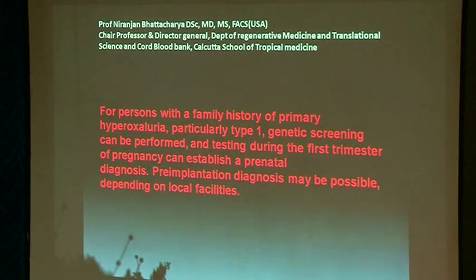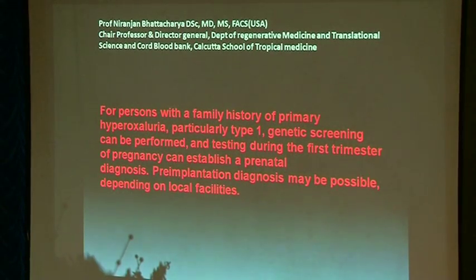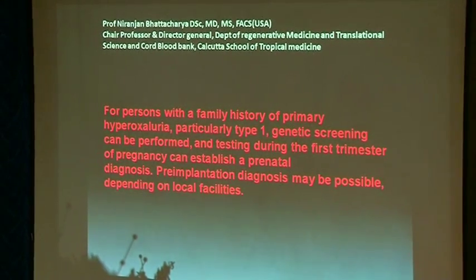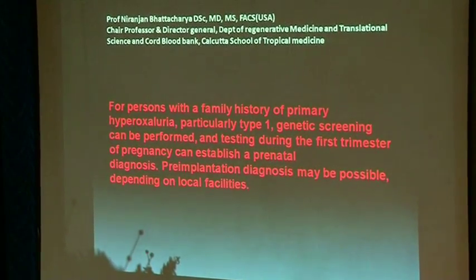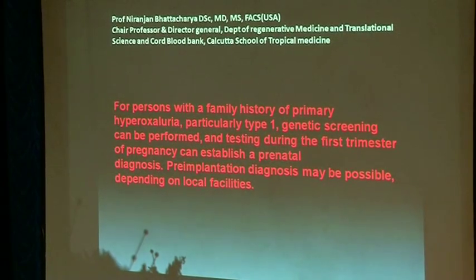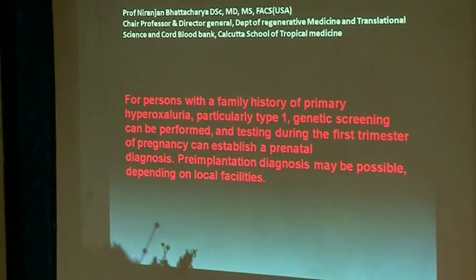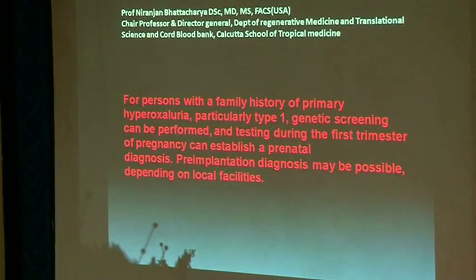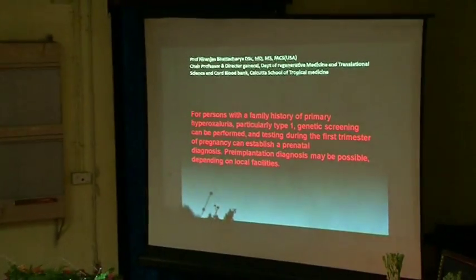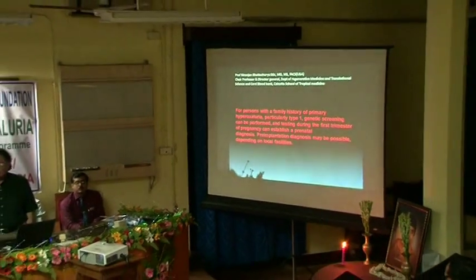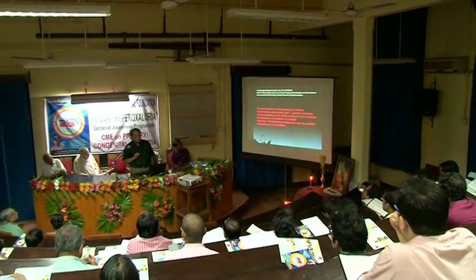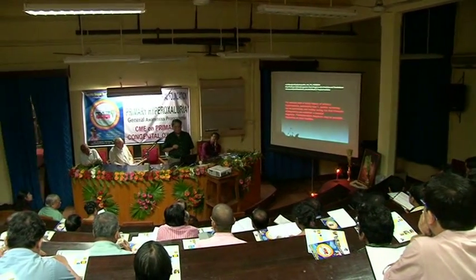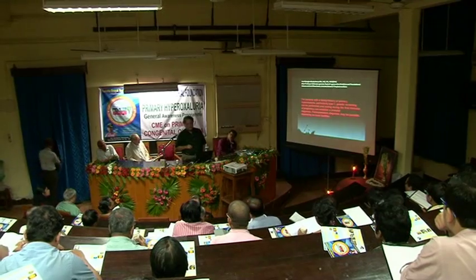As it is a genetic disorder, with a family history of primary hyperoxaluria, particularly type 1, genetic screening can be performed, and testing during the first trimester of pregnancy can establish a prenatal diagnosis. The answer is, if you want to solve the problem, early detection, a conscious clinician.